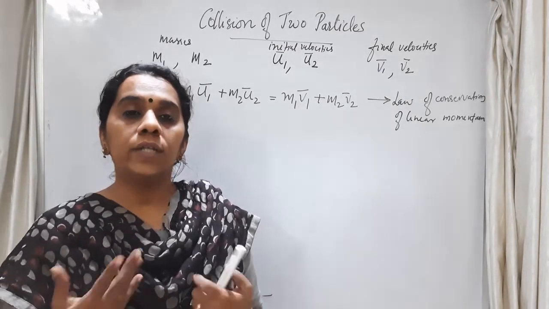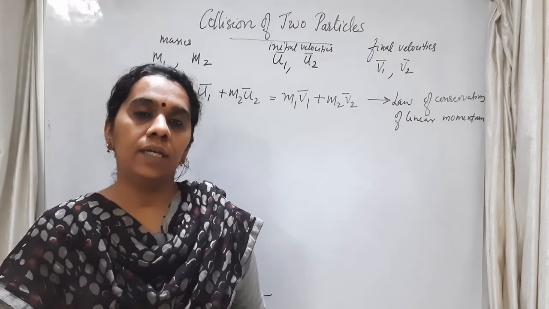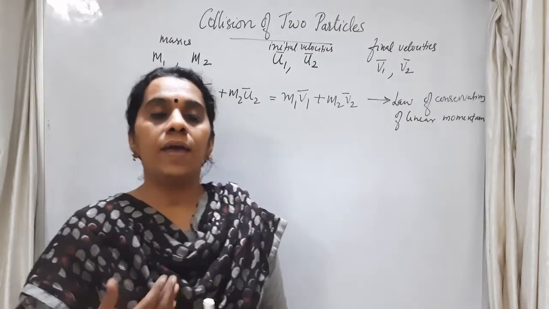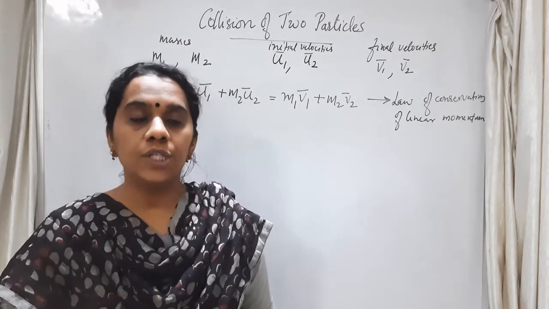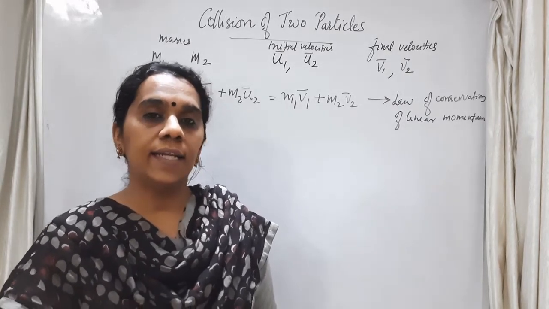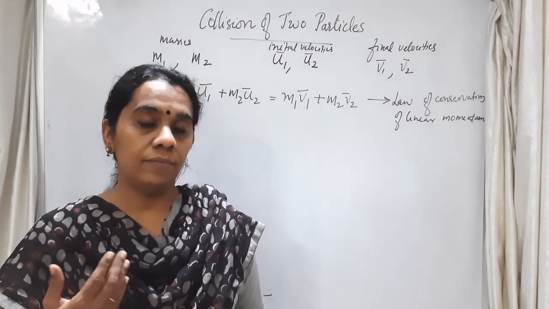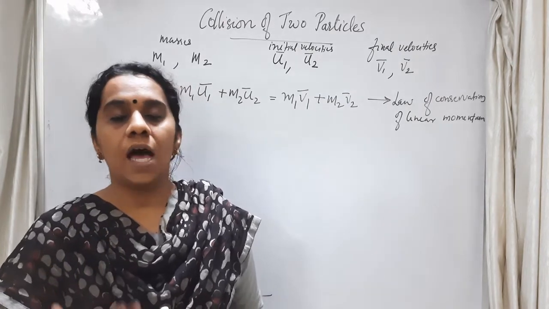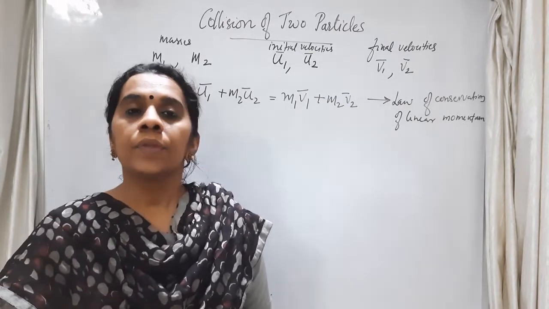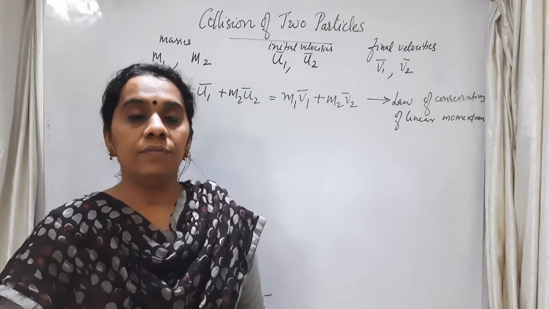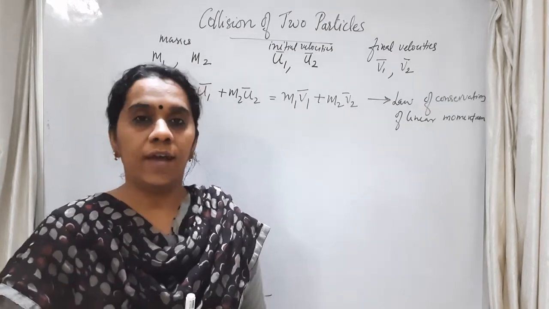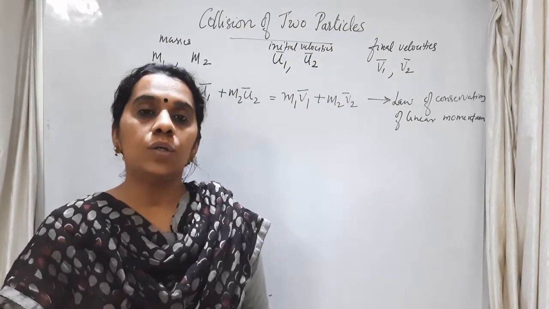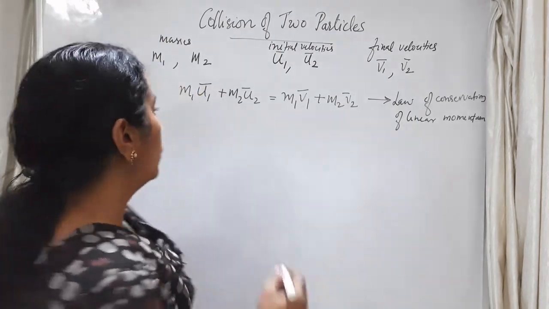The total initial kinetic energy can be given as half m1 u1 square plus half m2 u2 square. After collision, the kinetic energy is half m1 v1 square plus half m2 v2 square. There are collisions in which the total initial kinetic energy is equal to total final kinetic energy. Such collisions are known as elastic collisions.